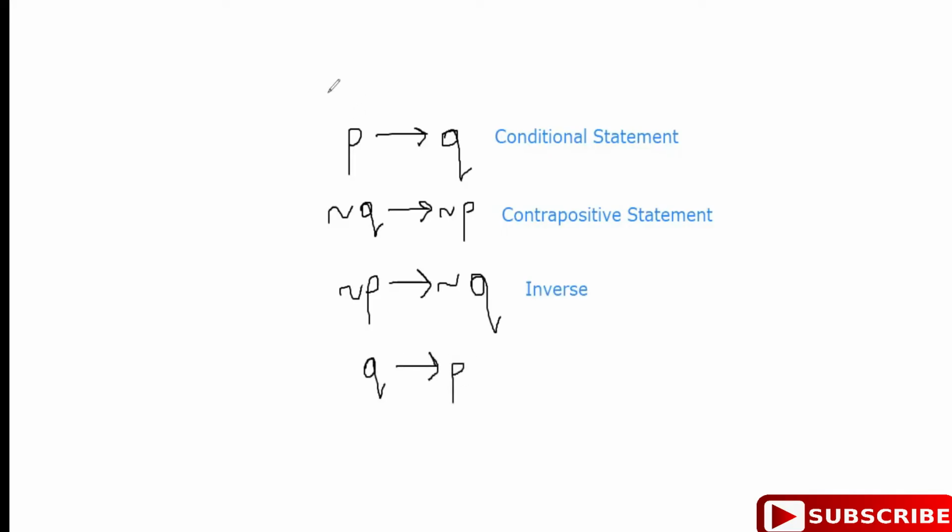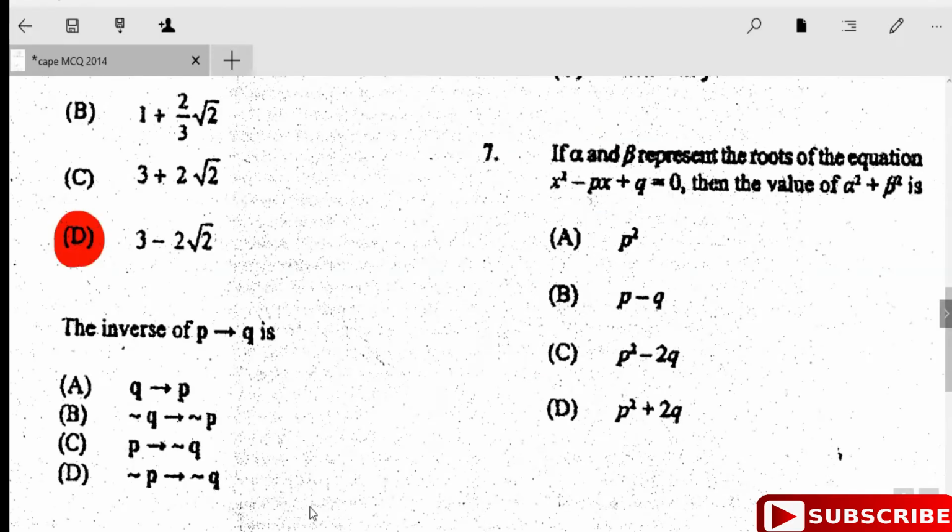Converse. Very good. So these are the 4 statements that you have to know, and you have to know which 2 are the same. These 2 are logically equivalent, and these 2 are logically equivalent. Important stuff to remember. And so this one is D.